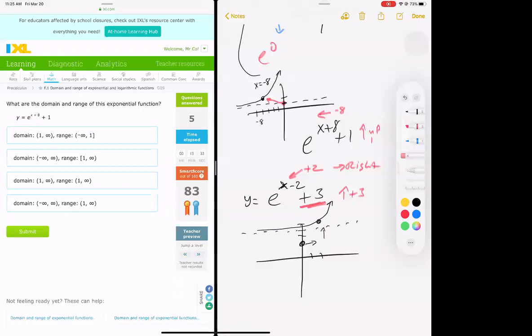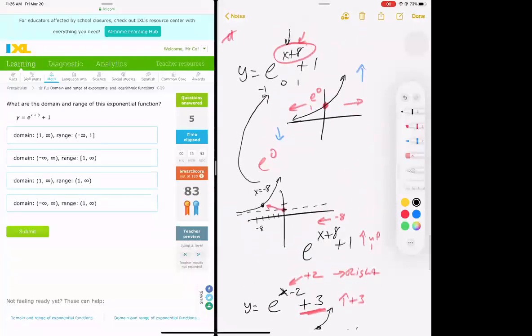So what is my domain? We said we can go all the way left, all the way right. Exponentials are great that way. But our y values, we don't even get to start until 3, in this case. Sorry, going back to the last question.